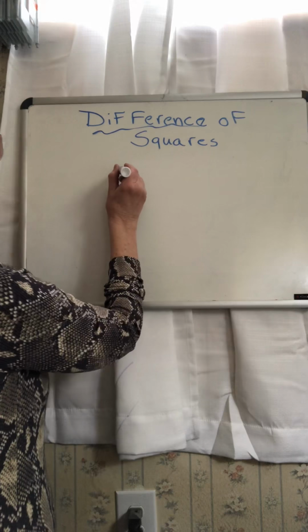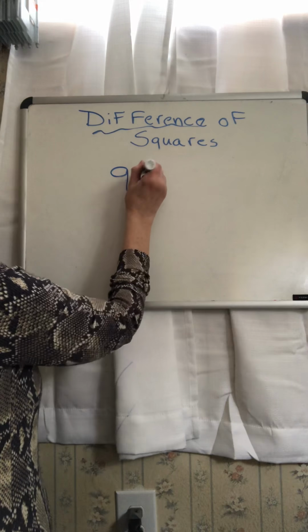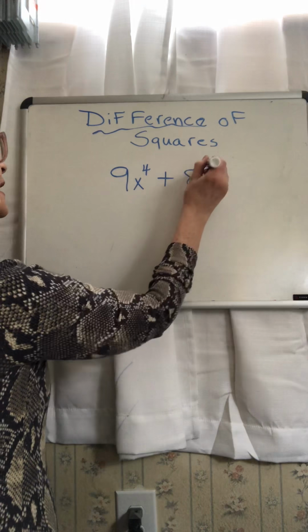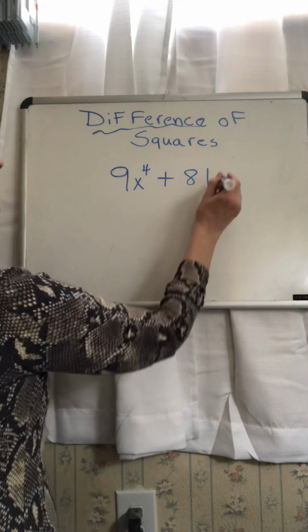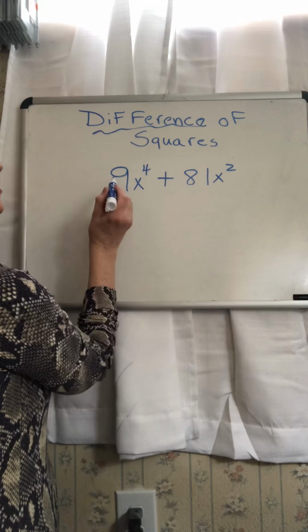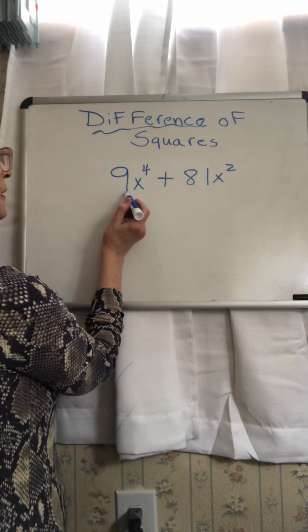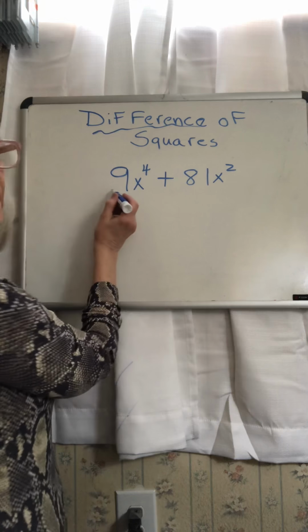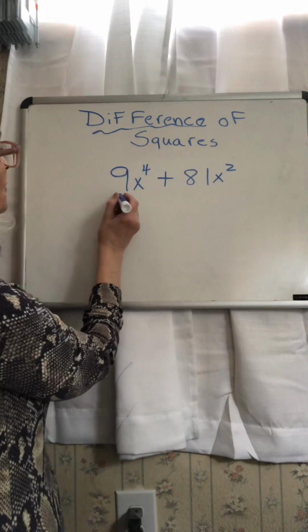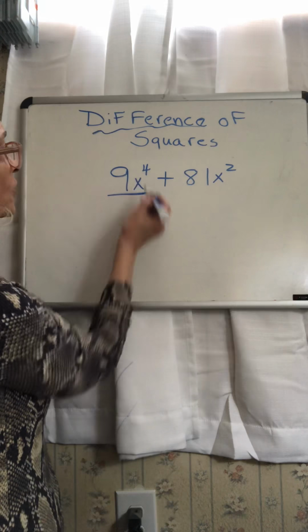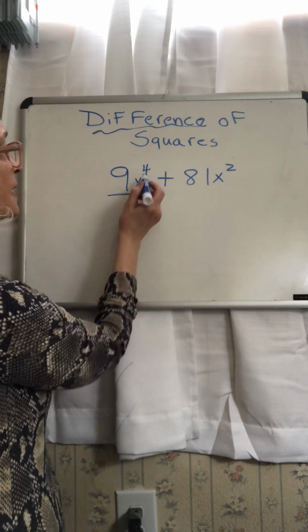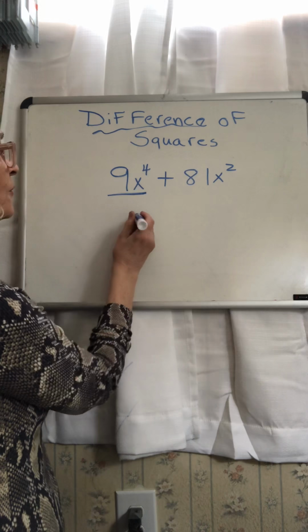So number 8, we have 9x to the 4th plus 81x squared. So 9 is a perfect square, right? 9 is a perfect square. X to the 4th could be a perfect square because any even exponent is going to be a perfect square.